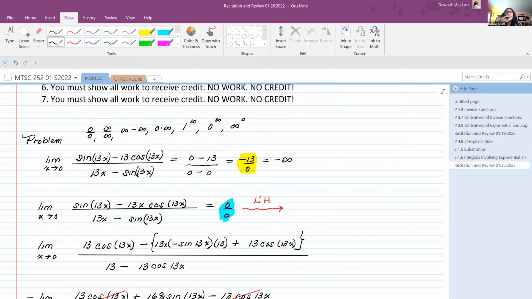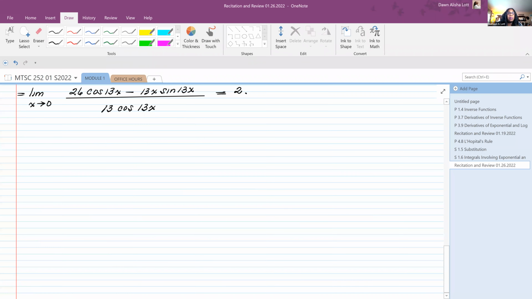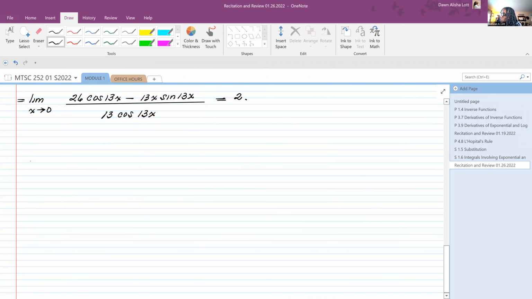Make sure you can do the subtraction ones and the power ones. The limit, something like that, becomes 1 to the infinity. So how do you do that one?